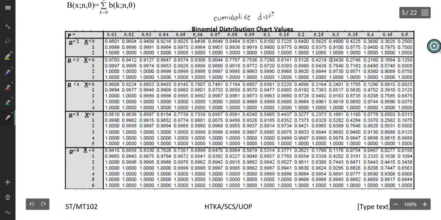The possible probabilities of success here are 0.01, 0.02, 0.03, up to 0.5. And the number of trials, n, is 2, 3, 4, 5, 6, and the table will continue.